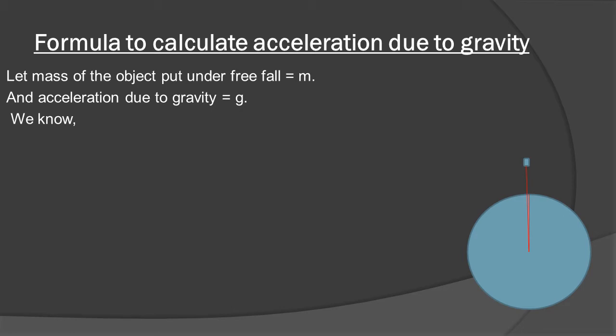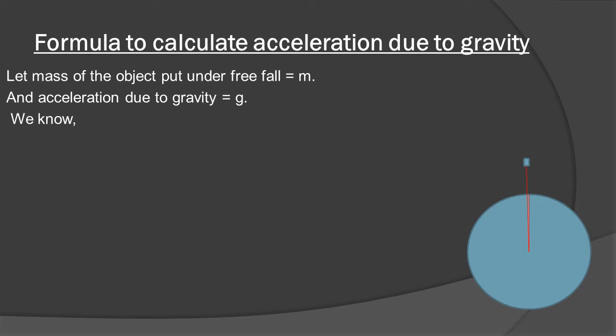Now let us derive the formula to find out the value of acceleration due to gravity. Let us consider an object falls freely towards the earth's surface. The mass of this object is small m and acceleration caused due to force of gravity is small g. Look at this diagram.